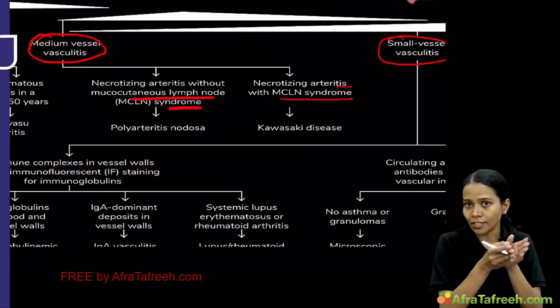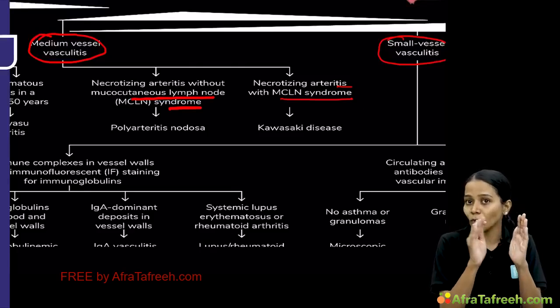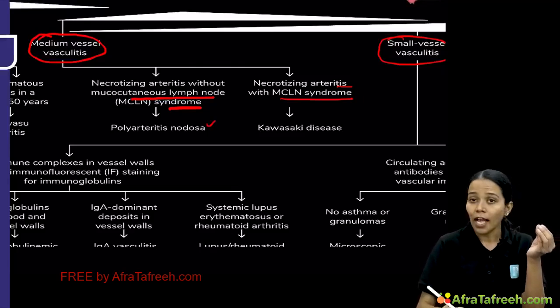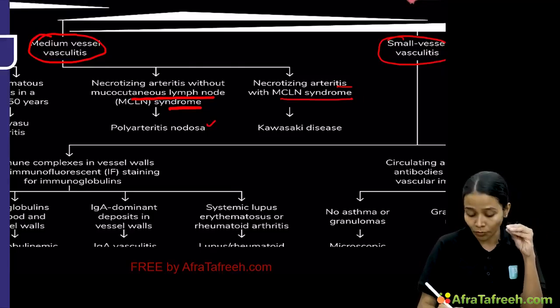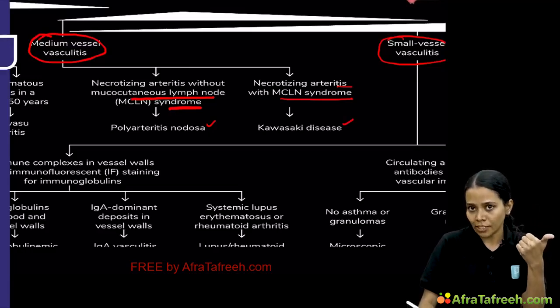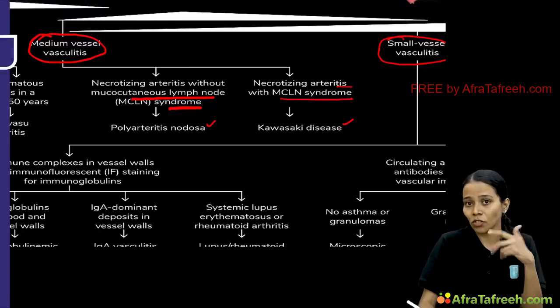The medium vessel vasculitis where mucocutaneous lymph node involvement is not there becomes polyarteritis nodosa. And the one in which mucocutaneous lymph node involvement is there is Kawasaki. So large vessel vasculitis was classified based on age. Medium vessel vasculitis is classified based on involvement of mucocutaneous lymph nodes.